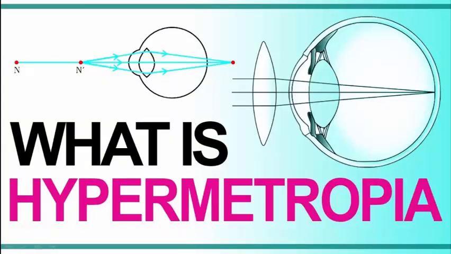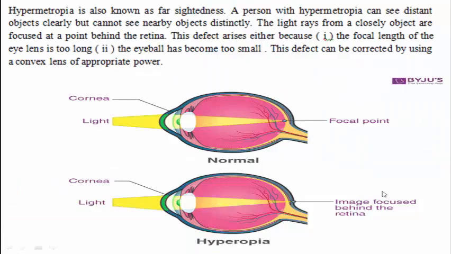What is hypermetropia? Hypermetropia is also known as farsightedness. A person with hypermetropia can see distant objects clearly but cannot see nearby objects distinctly. The light rays from a close object are focused at a point behind the retina.